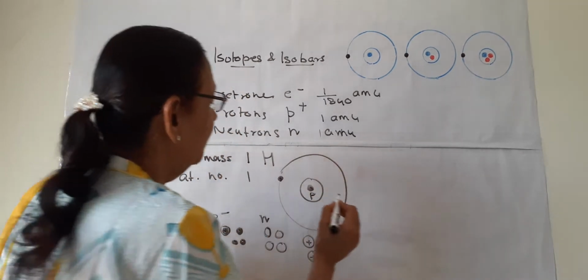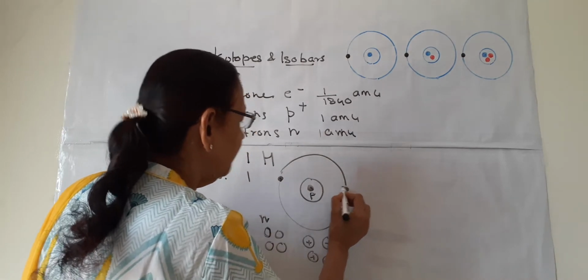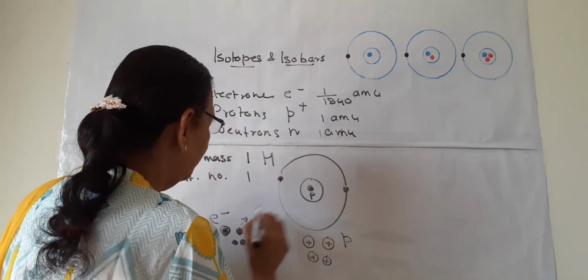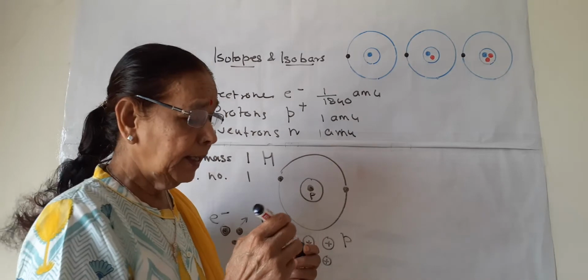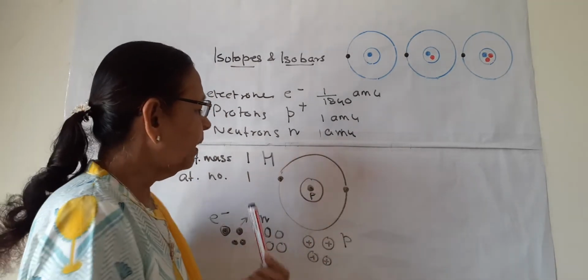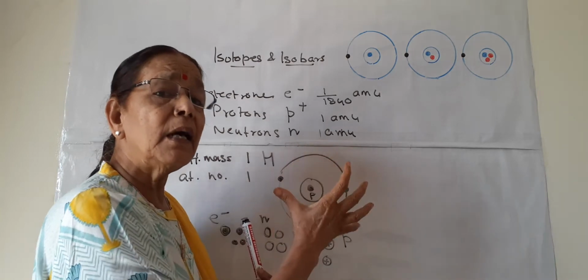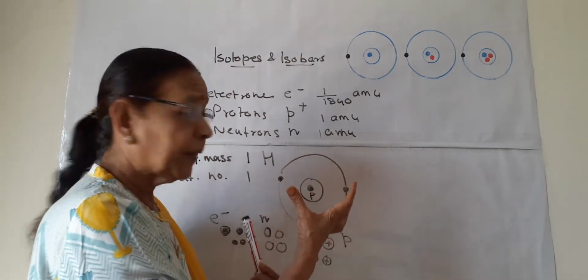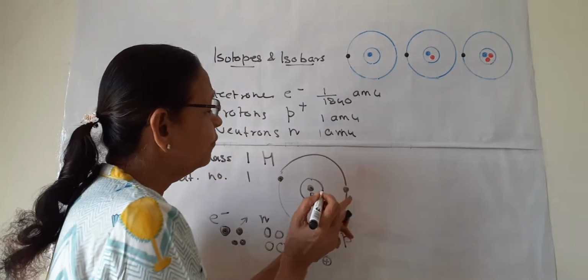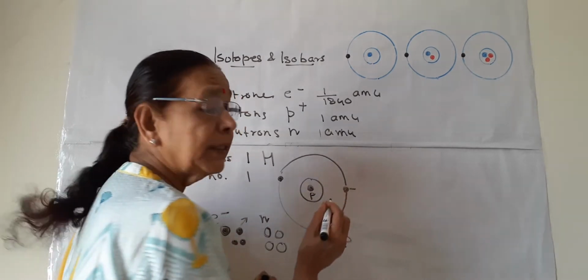If I add 1 electron here, taking 1 from here and putting it in this atom, then what will happen? This atom is still a hydrogen atom, but it has 1 negative charge on it.